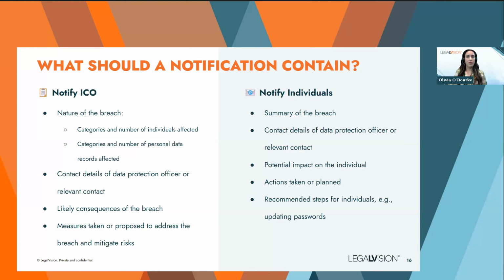So obviously a really common one would be update your password, clear directions for the individual on what they can do to make sure that any potential risk is less likely to materialize. Now, obviously, as I said, that language needs to reflect the fact that you're communicating with individuals, and you don't want to cause too much fear, but you need to be as accurate and direct as possible with the individual.